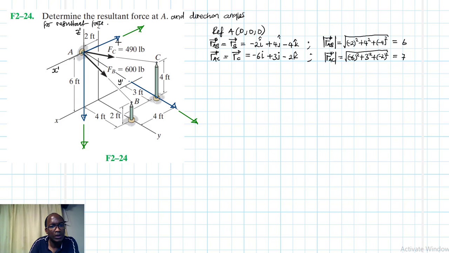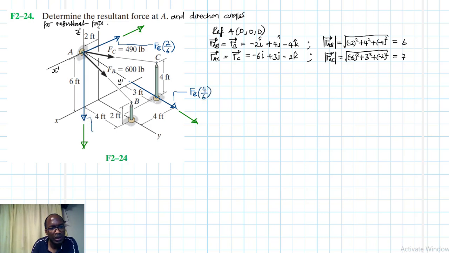So this one is just going to be equal to FB times the run along the x-axis, which is just a 2, so it's 2 divided by the magnitude, which is a 6. And then this one is just FB times the run along the y-axis, which is just a 4 divided by a 6.